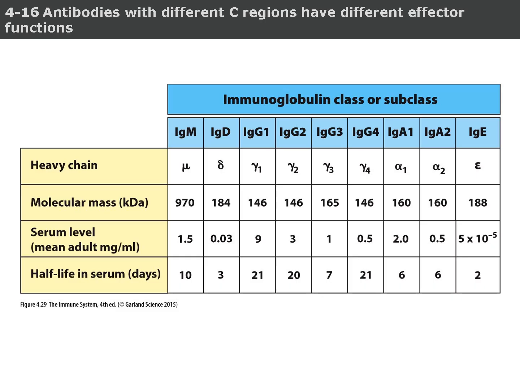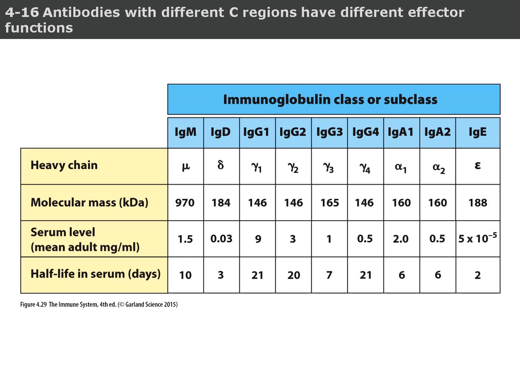This figure compares the major immunoglobulin classes and subclasses, focusing on their structural and functional differences. Each antibody class is defined by its unique heavy chain type. For example, immunoglobulin M has a mu heavy chain, while immunoglobulin G subclasses have gamma 1 through gamma 4 chains.